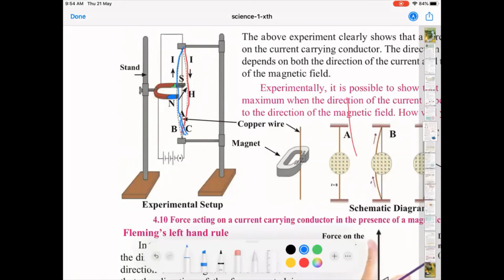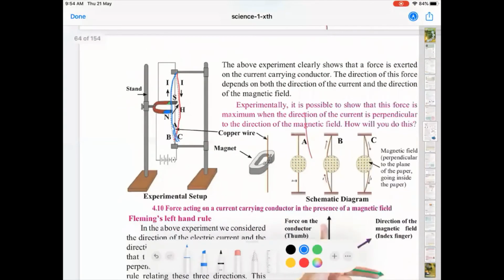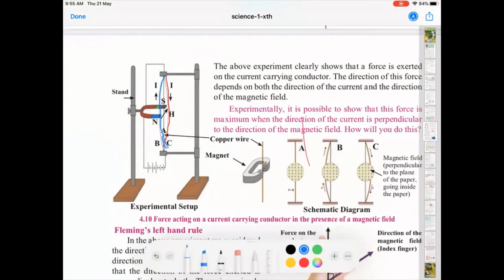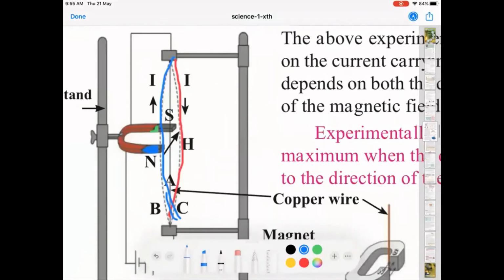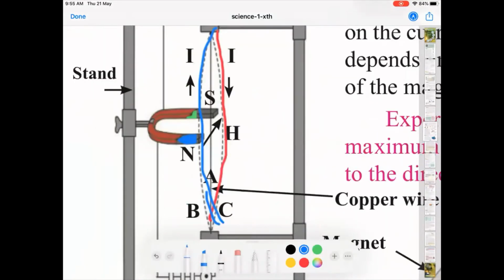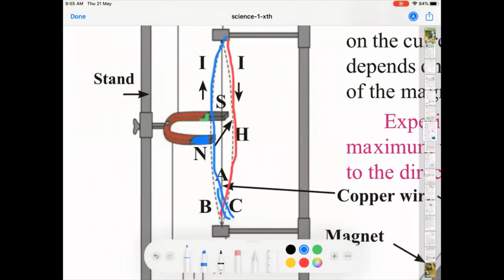So what this experiment is trying to prove is that if you change the direction of the current flowing through this wire, then the wire will show some displacement, it will show some movement. That movement will be perpendicular to both the magnetic field as well as the direction of the current.